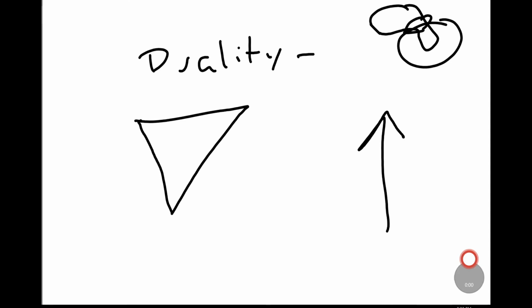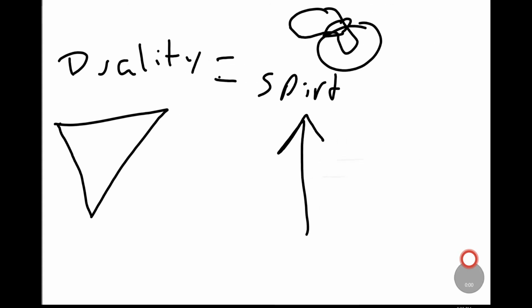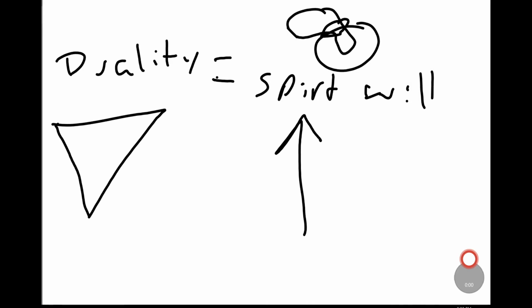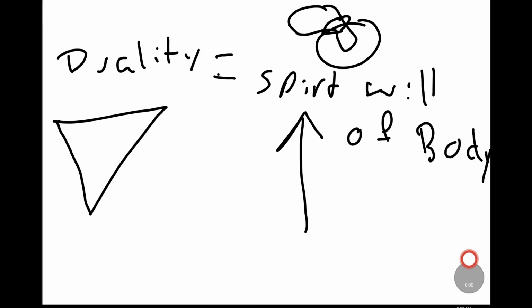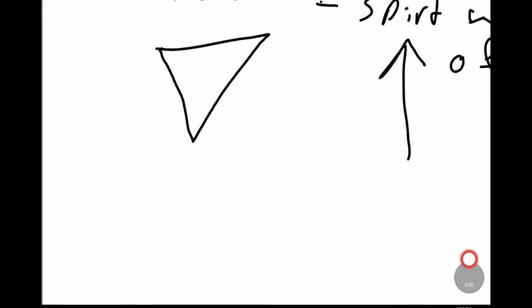So duality equals the spirit or the will of the body, of the physical nature. So the will of the body is raised to the highest ideal, and unity is lowered down.